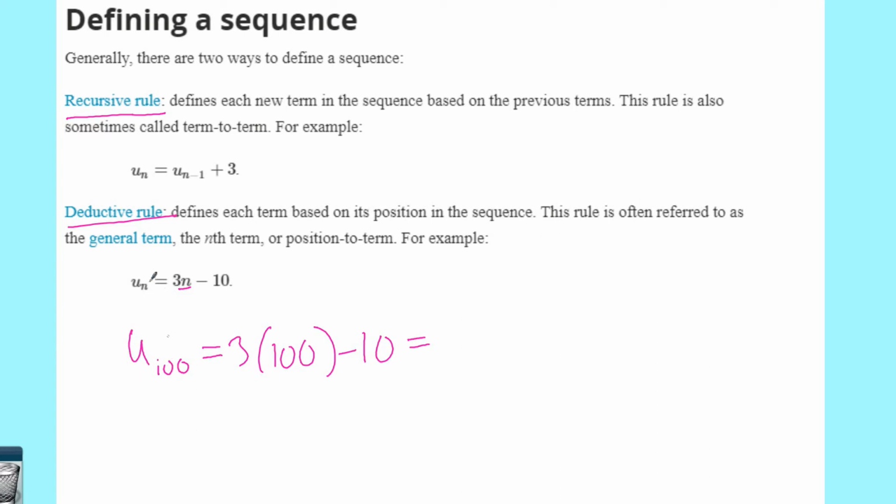So the 100th term of this sequence would be 300 minus 10, or 290. This is the general term, the nth term. This is the formula that's the best, in my opinion. More useful.